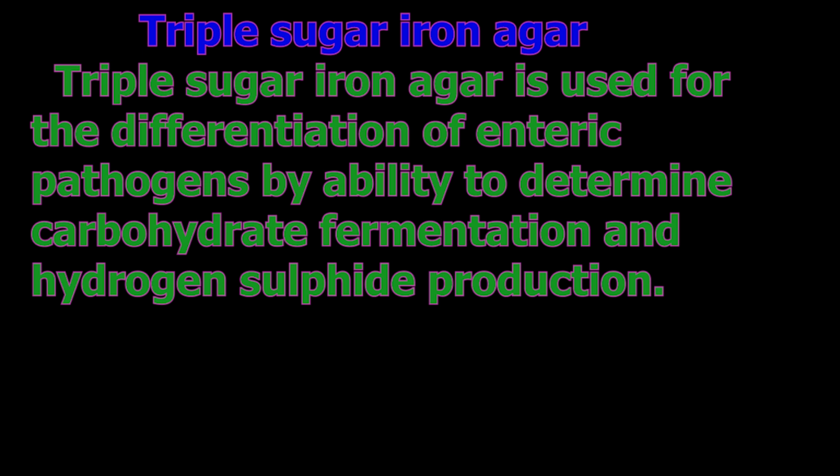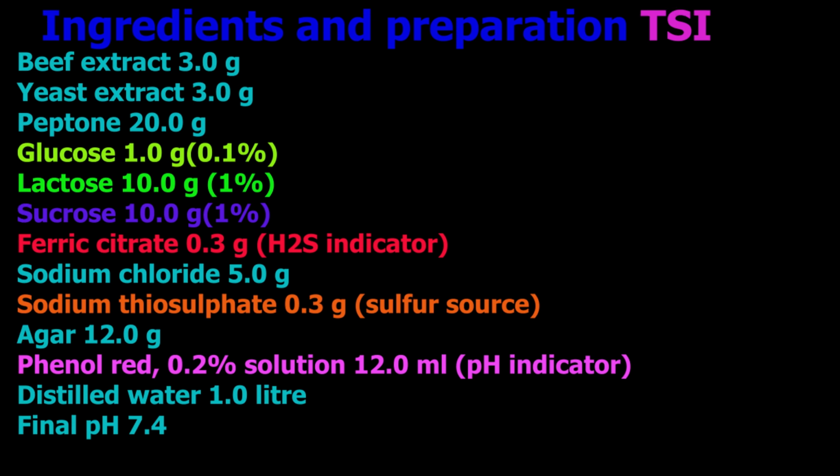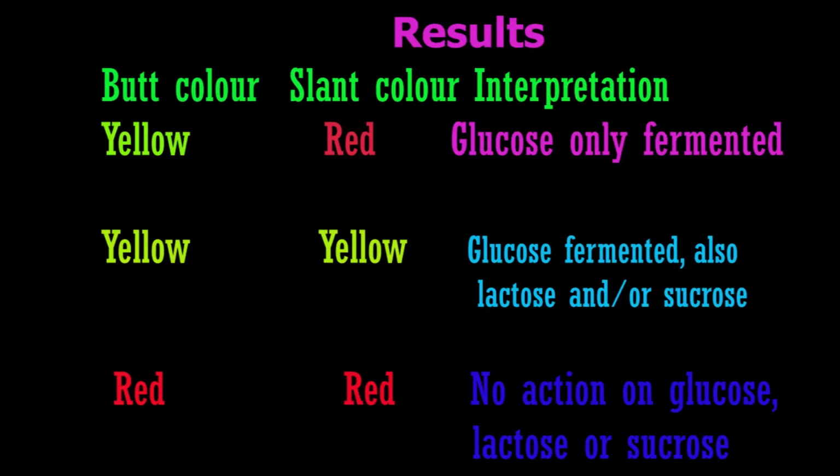Triple sugar iron medium. TSI contains three carbohydrates: 0.1% glucose, 1% sucrose, and 1% lactose. When sugars ferment, they change the color of the medium from reddish orange to yellow. As the amount of glucose is low, the pH drop is reverted back to alkaline by amino acid utilization.